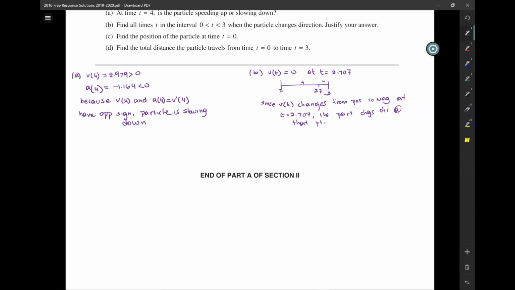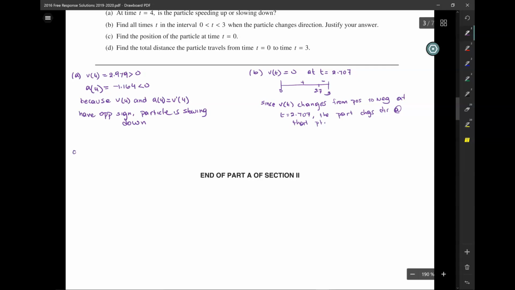They say the sign chart strengthens your argument, but it cannot solely be your justification. You have to have the sign chart, but then in English, with words, you have to actually say what that is. So you have to show this, and then you have to say since there is a sign change, or since it changes from positive to negative, and so on.